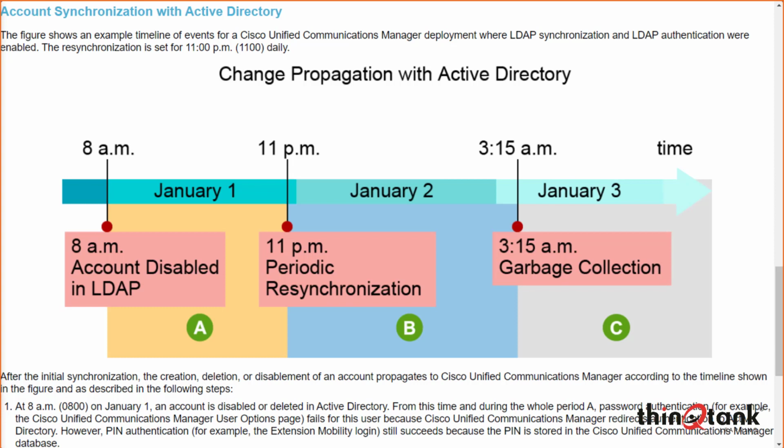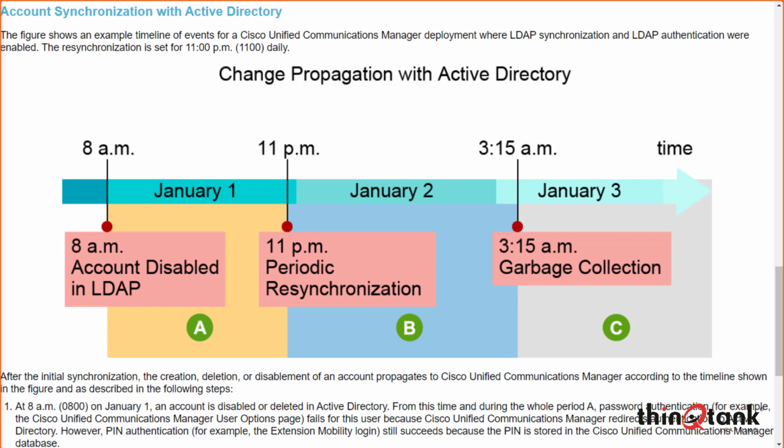And then finally at 3:15 in the morning, the garbage collection occurs, and that's what permanently deletes those users that were marked as inactive, but they have to be marked as inactive for more than 24 hours. So in this particular case, even though we're running the garbage collection at 3:15 a.m., we don't delete that account that we disabled in LDAP at 8 a.m. because it hasn't been marked as inactive.